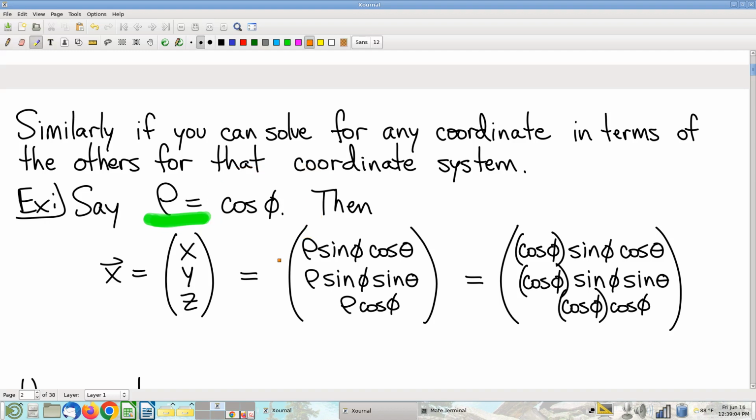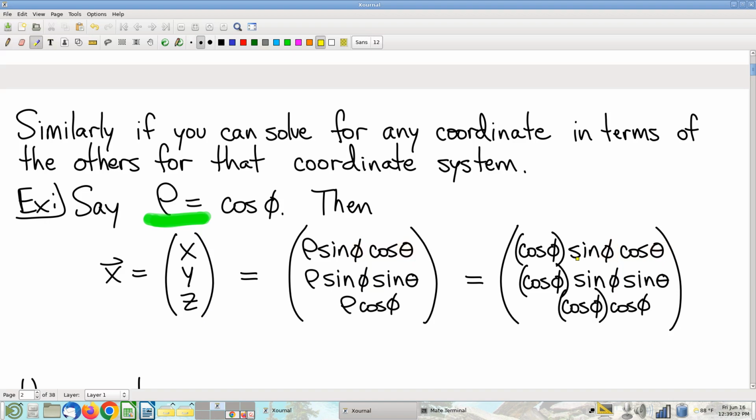So that noted, I am going to let phi and theta be my parameters. You'll notice I didn't even have to rename them as s and t. They're already not x, y, and z, and thus there's no renaming necessary at all. So I'm just going to leave phi and theta as my parameters, and you can rename them as s and t if you want to, but it's not essential.